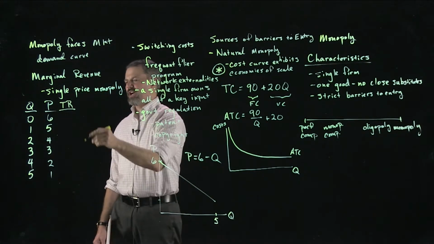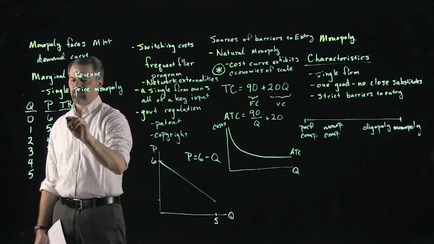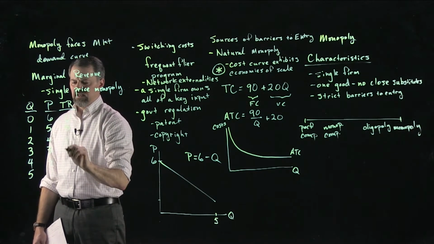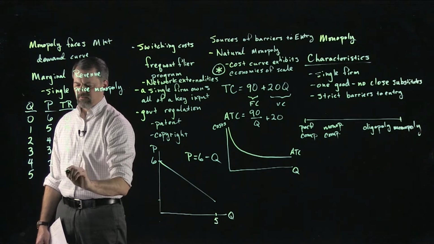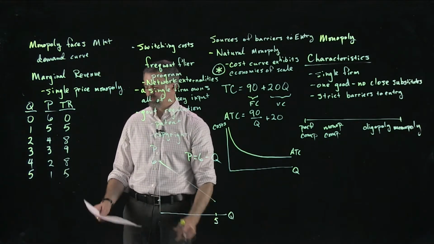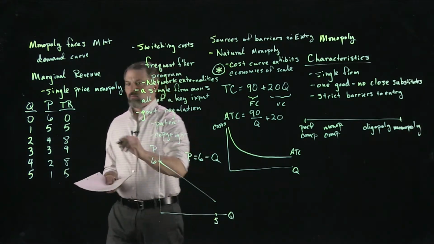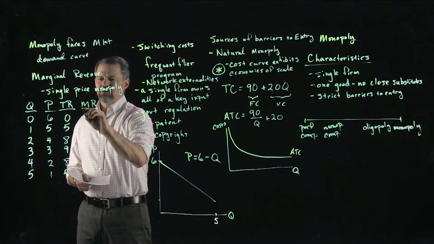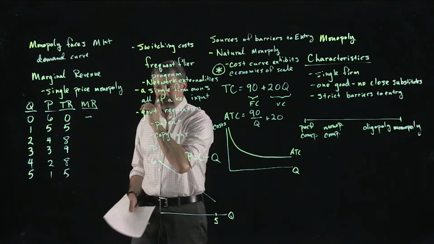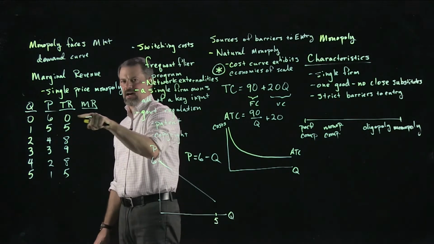Total revenue is just price times quantity, so it's going to be 0, 5, 8, 9, 8, 5. There's total revenue. Our marginal revenue is just the change in total revenue, so we're not going to figure it out for a level of output of 0.